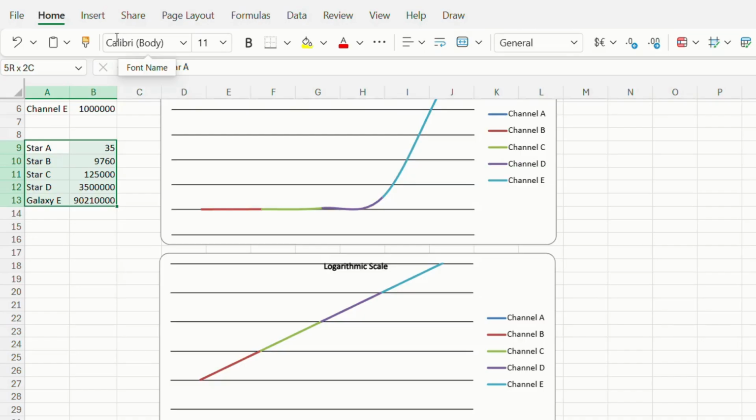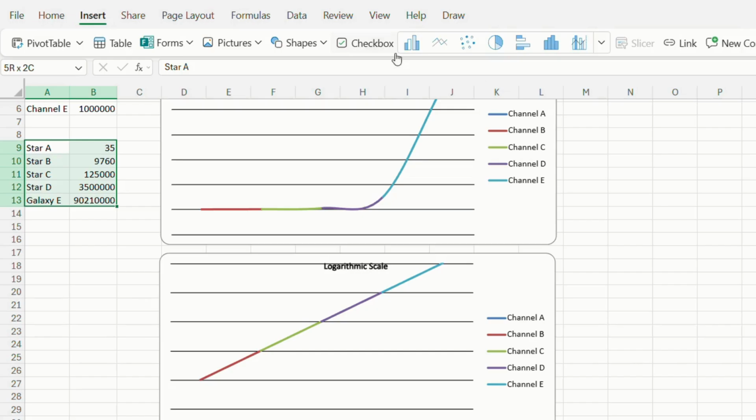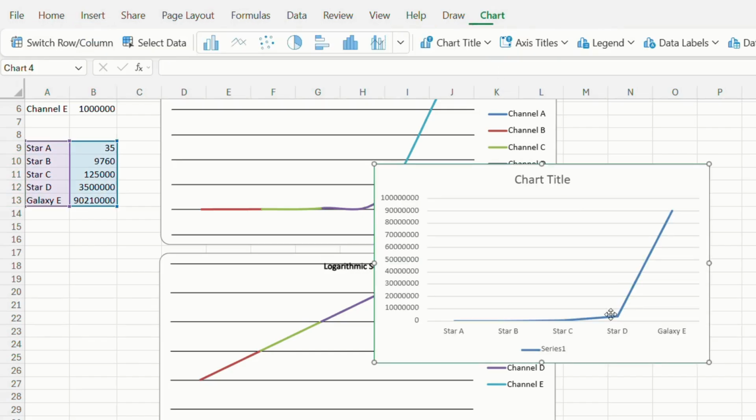And if we see this data in a graph, this is how it looks: the galaxy E value dominates the chart. So these smaller values appear almost flat, and the largest value dominates the chart.